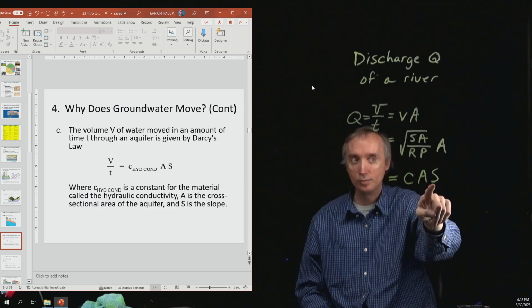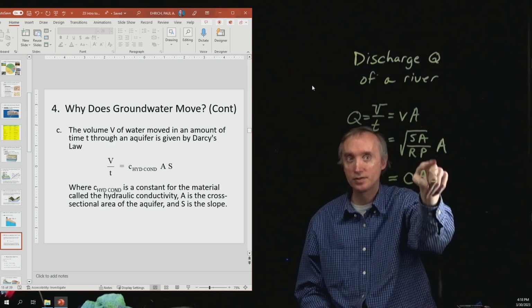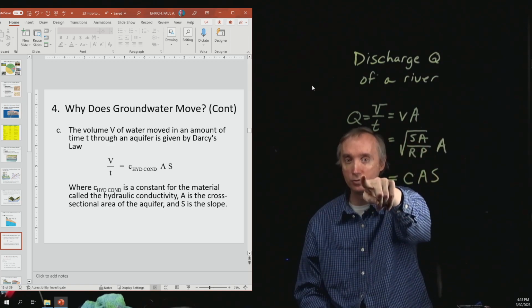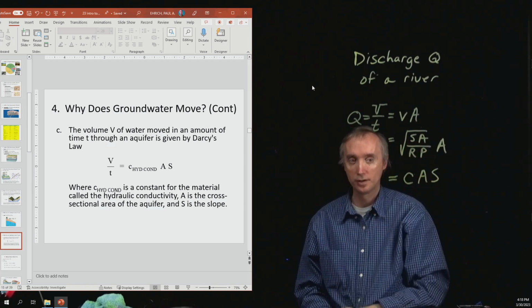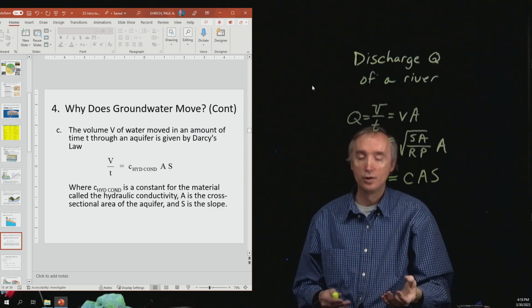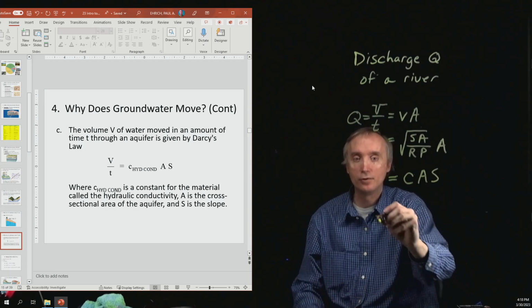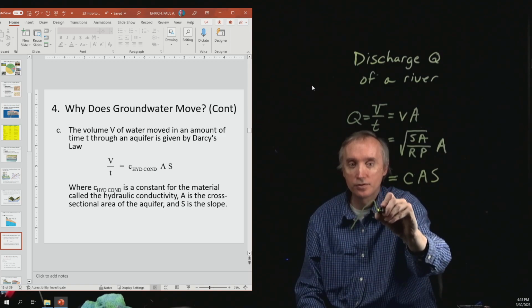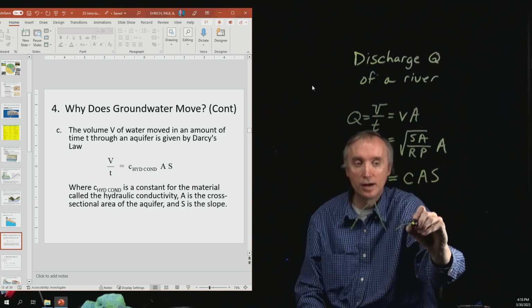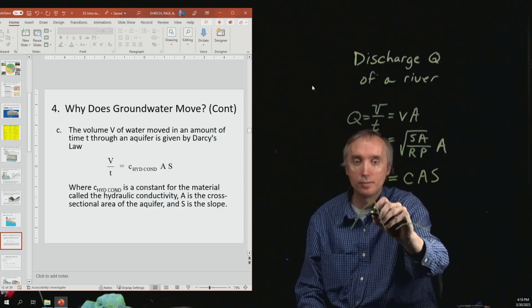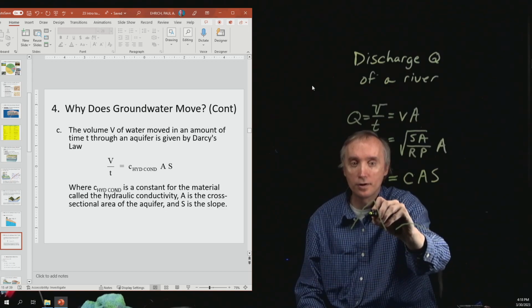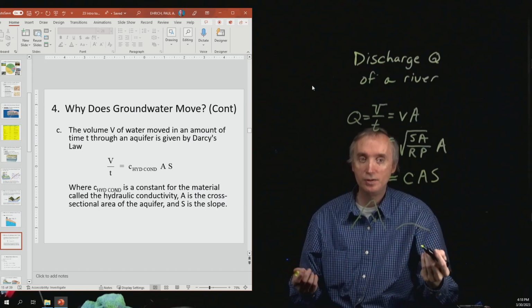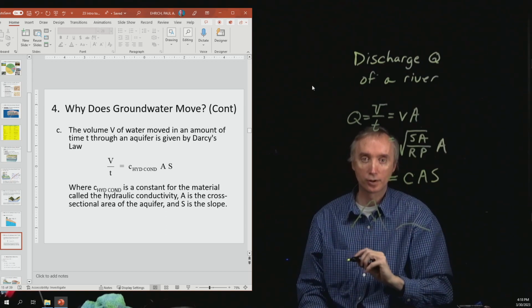Okay, so the S would be bigger, so that means that what would come out of the equation would get bigger. So in general, if you've got two mountains, one shaped like this and one shaped like this, and they both have water in them, the water is going to tend to flow faster when it's steeper than when it's shallower.